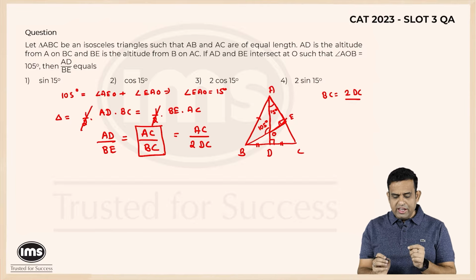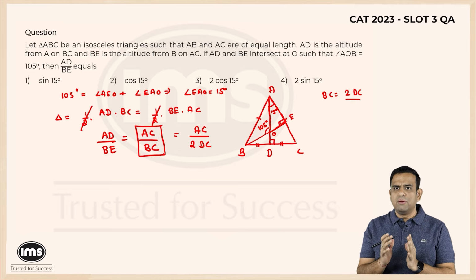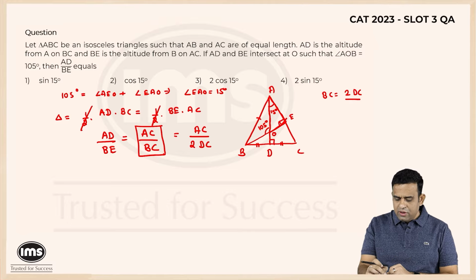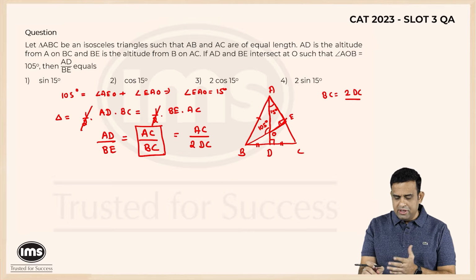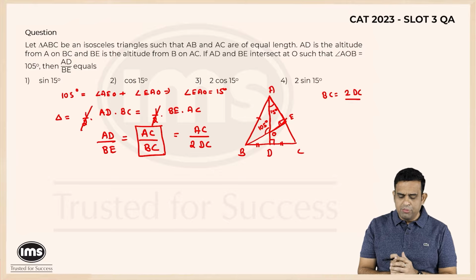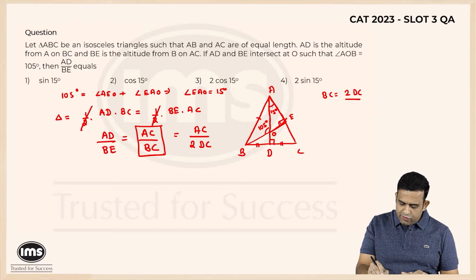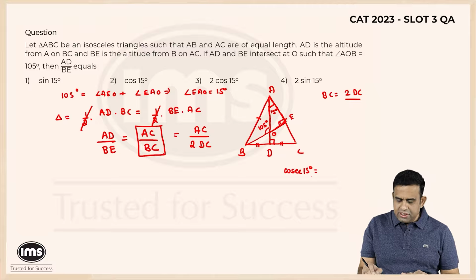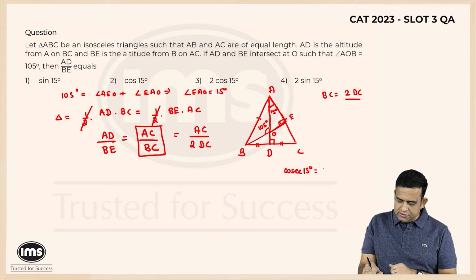Now, if you look at AC and DC, this is part of a right angle triangle, where AC is the hypotenuse and CD is the perpendicular side. So how can I link AC and CD with this angle 15 degree? One can say cosec 15 degree is equal to hypotenuse upon opposite.